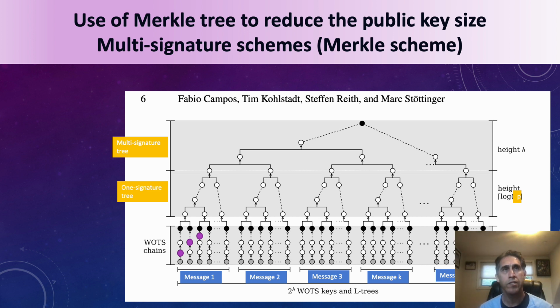Depending on how high this Merkle tree is, you can sign as many messages with this same public key at the top. I hope I was able to explain this. This shows how you do these hash-based signatures using just hash functions.